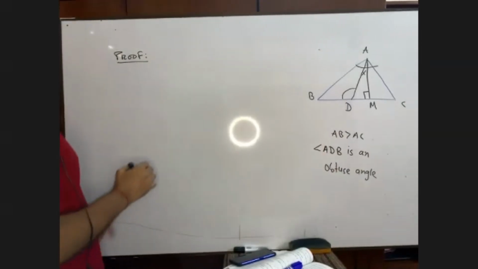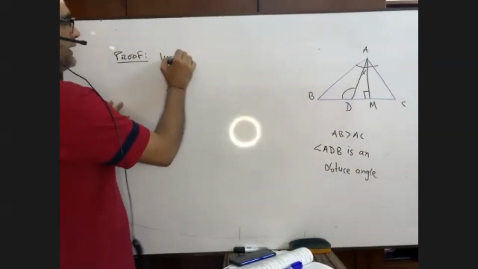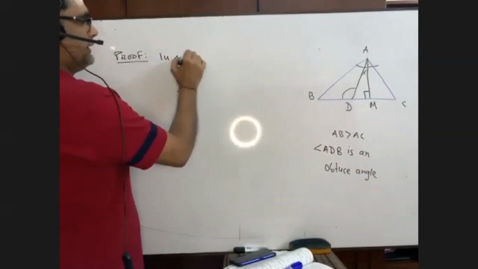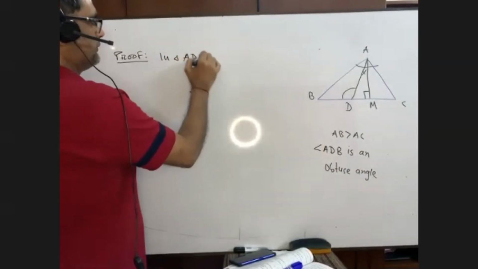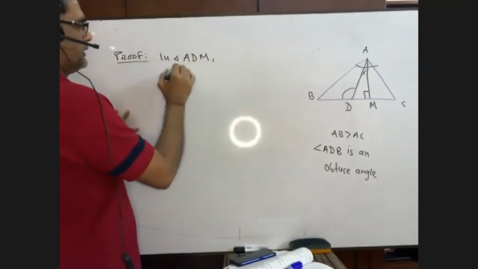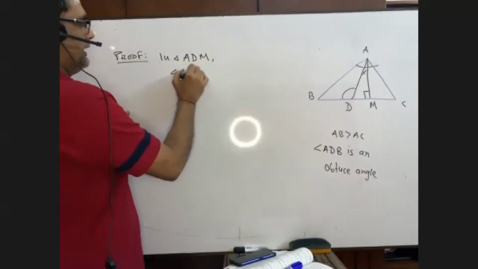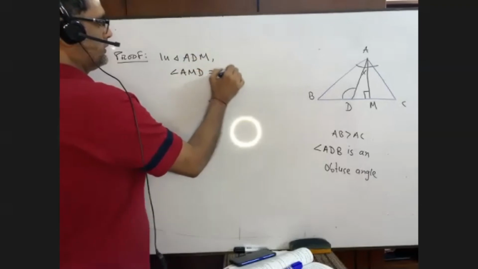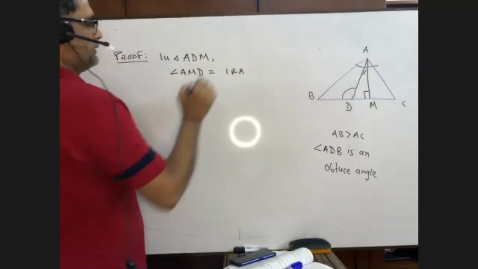You see, in triangle ADM, angle AMD equals what? One right angle. See the figure.